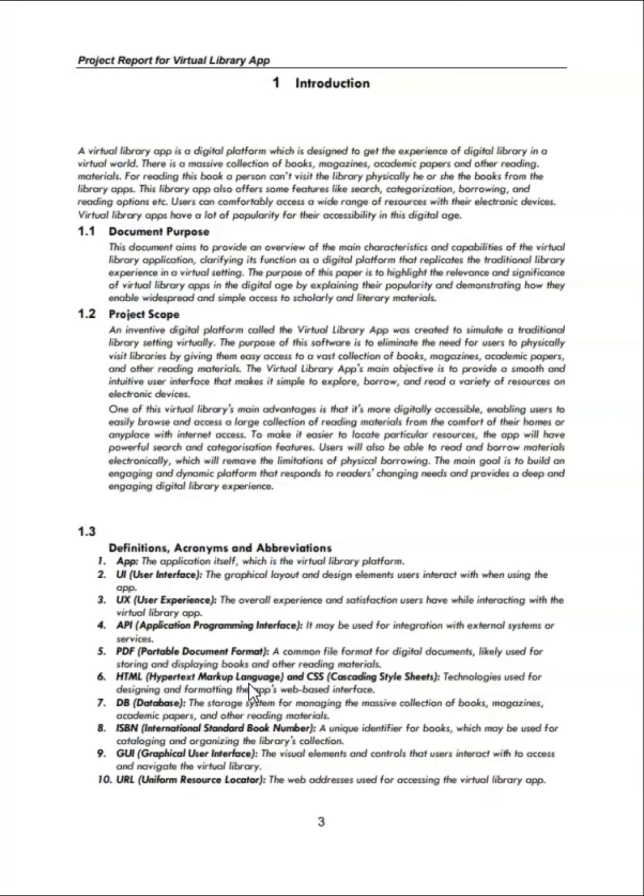For administrators, the scope covers tasks such as stock management, book modification, order confirmation, and sending order notifications to users. The goal is to develop a user-friendly platform for buying books online and to manage the virtual library effectively.